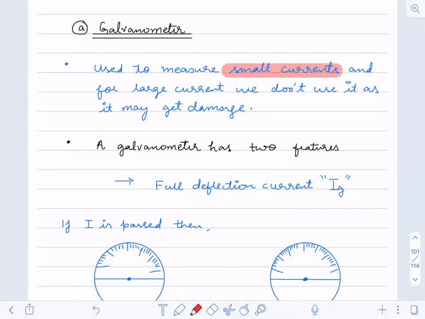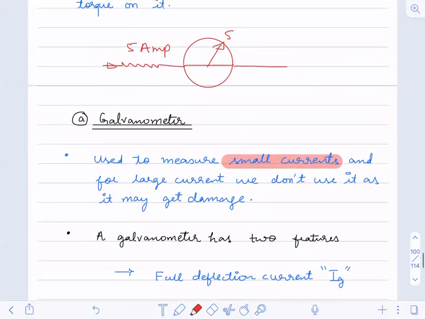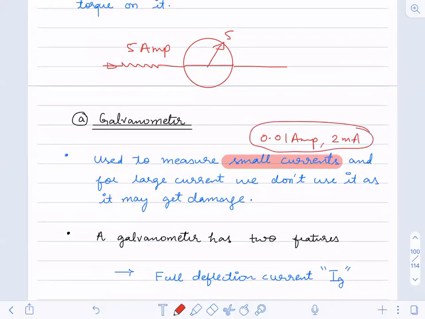If you want an idea of how small, it will be somewhere around 0.01 ampere, 2 milliamperes, like that. Not even 0.1, not even 0.2; 0.1, 0.2 you can consider as a big value for this. Only in milliamperes will you be able to calculate the current in this.